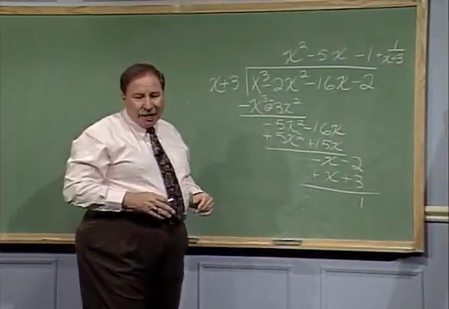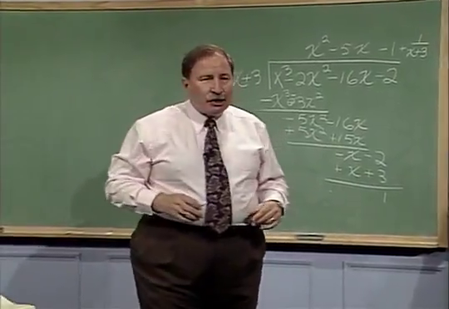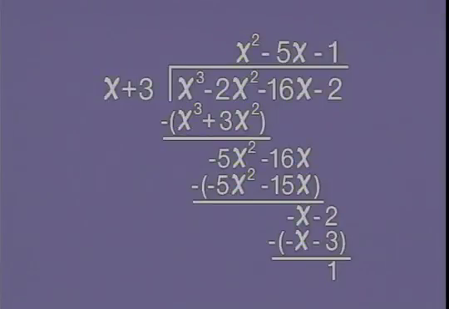Okay, let's take a look at the first visual actually. The first visual is, again, the same thing we just saw. It's the x plus 3 divided in, and we have the remainder down there. In case those of you don't like white chalk on green boards, but rather have white on blue visuals, you can see that.